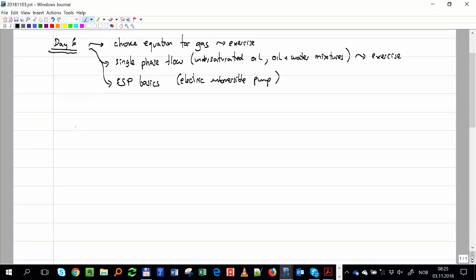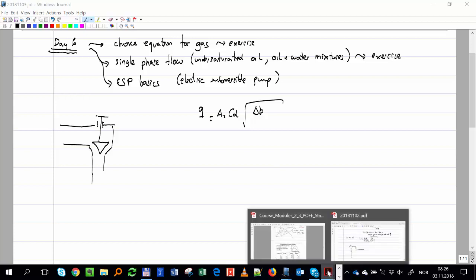So let's see, you have a choke, and I'm going to make this choke adjustable, of any type, cage or any type, because I want to see something. The equation was Q, there was a 2 here.